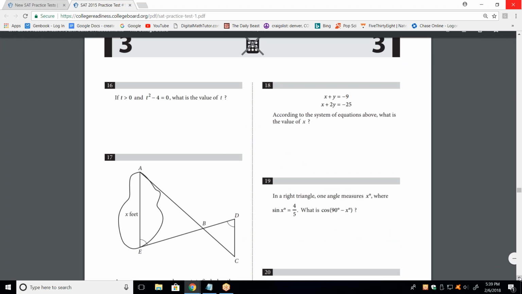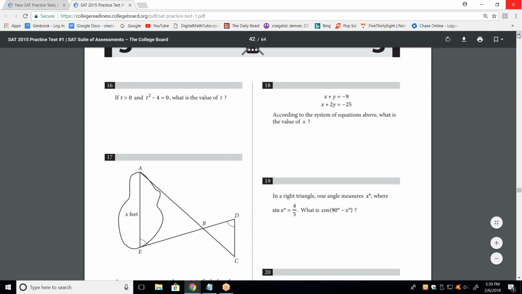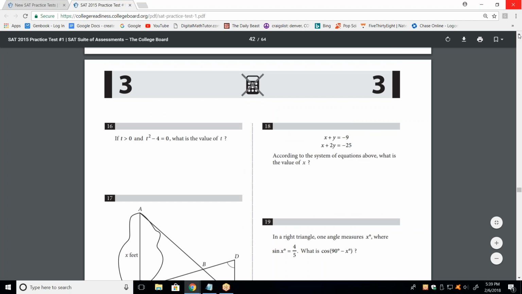Okay? Now, this is the grid section. No calculators allowed. Okay. So, again, 16 is the first one in this section, so it should be easy. These first few should be easy. 3t squared.